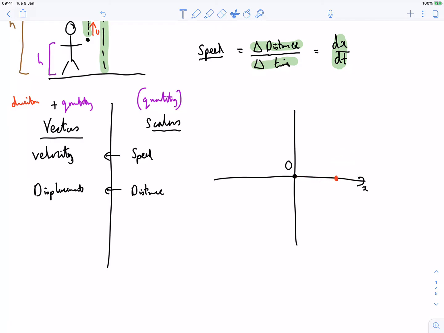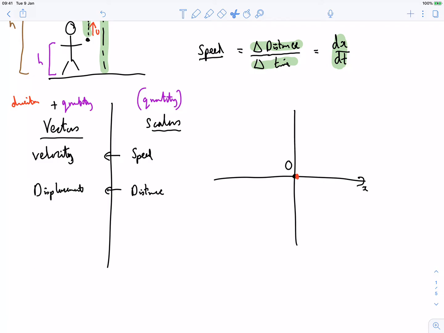If I'm this side of O, I have a positive displacement, whereas the displacement is going to decrease, and then on that side I'm going to have a negative displacement from O. So negative, negative, negative, negative, negative, zero displacement because I'm on it, positive, more positive, more positive, more positive.